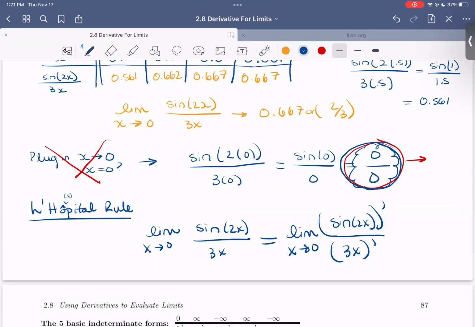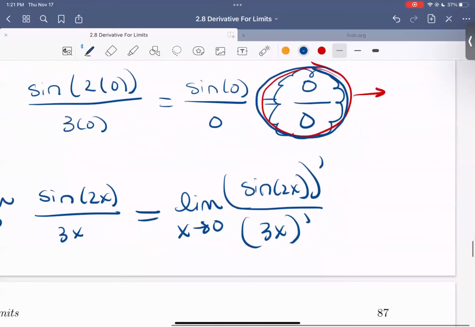Super cool. That will often simplify functions to allow us to plug in the value that we are approaching and to get a legitimate answer, or a number rather than an indeterminate 0 over 0 form. So what would that look like for us?